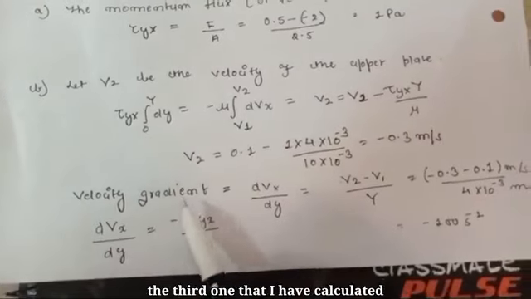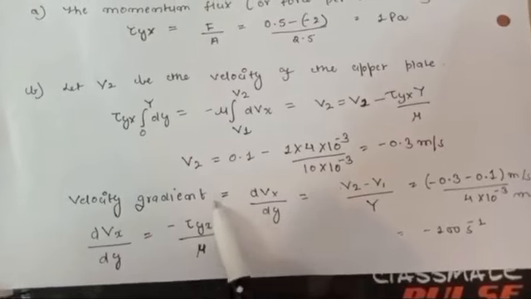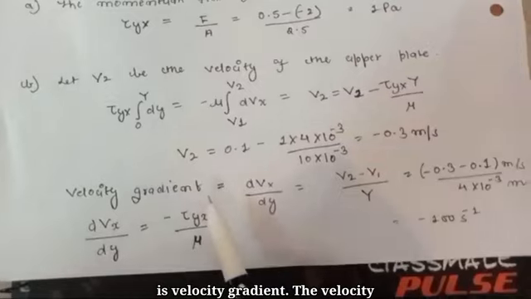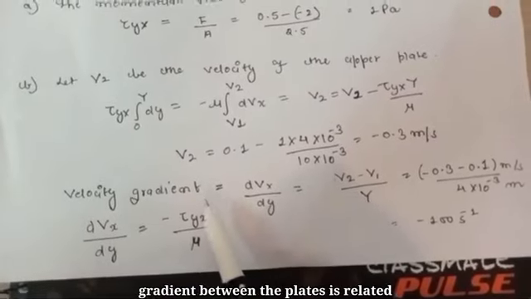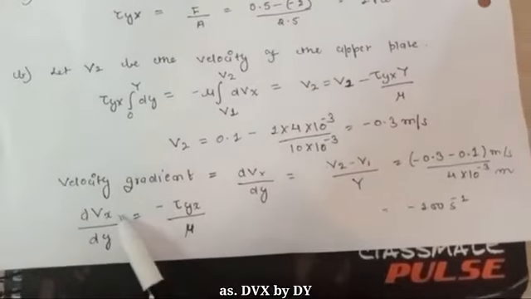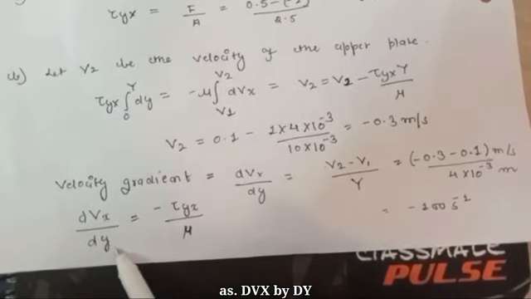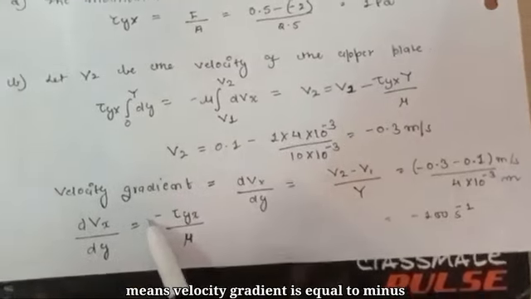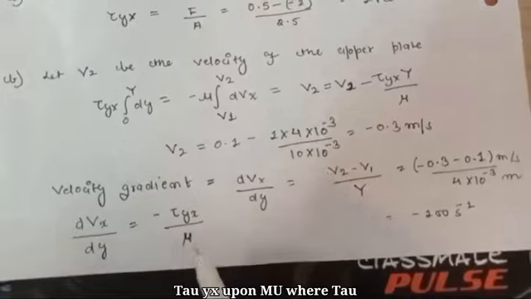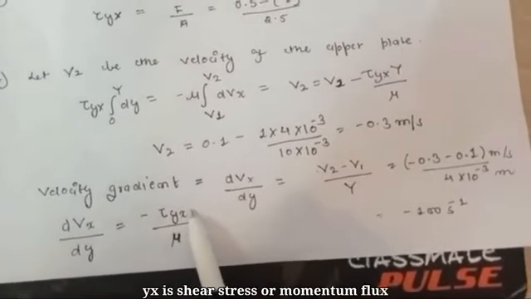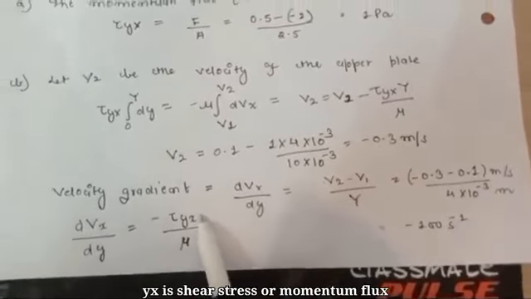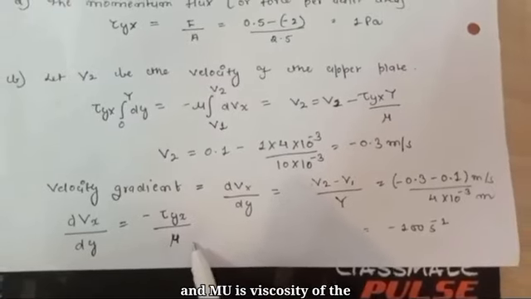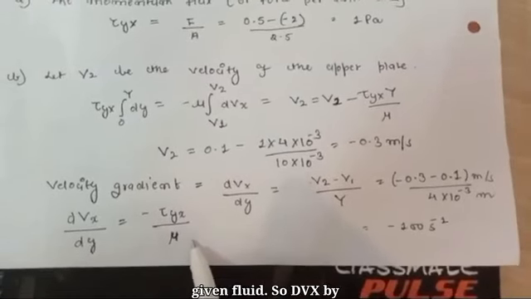Now the third thing I have calculated is the velocity gradient. The velocity gradient between the plates is related as dvx by dy, which is equal to minus tau yx upon mu, where tau yx is shear stress or momentum flux and mu is the viscosity of the given fluid.